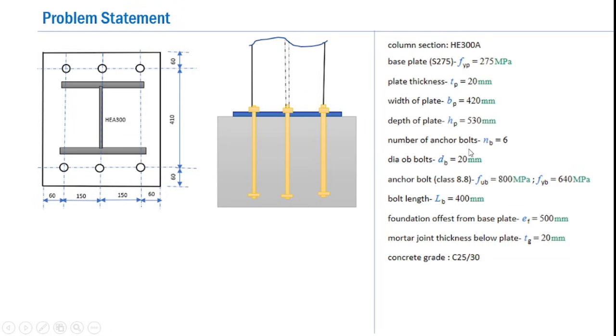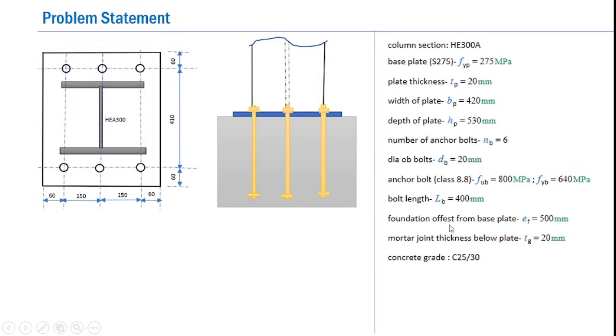The number of anchor bolts considered for the study is NB equal to 6. As you can see, 3 are distributed on each side of the flange, and the diameter of the bolt DB is taken as 20 mm. We considered class 8.8 anchor bolts for the study with an associated yield strength of 640 MPa and an ultimate tensile strength of 800 MPa. The bolt length chosen is LB, that's 400 mm.